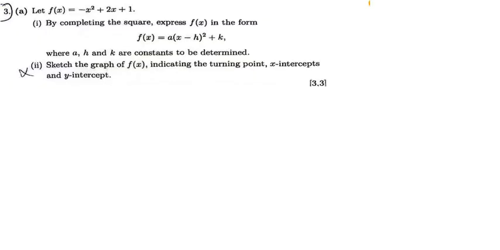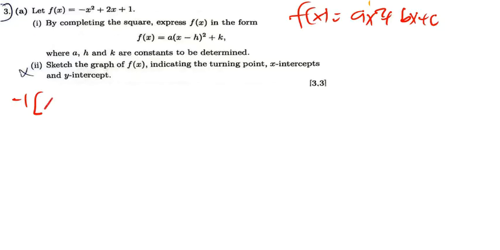So the first one, guys, is when we're dealing with the completing square method, you first have a function which is in the form of ax squared plus bx plus c. So you always factor out a. In this case, a is negative 1, so I'll factor out negative 1.